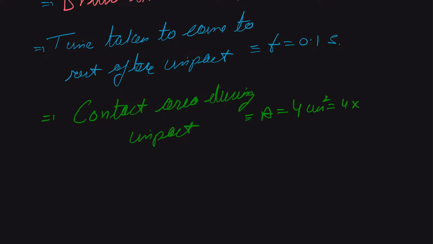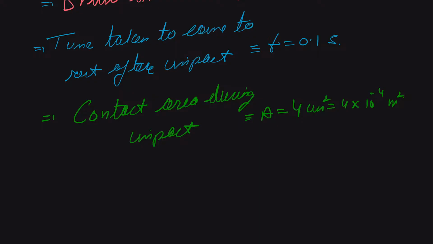Also we can write this as 4 into 10⁻⁴ meter square. And we need to find out the average pressure. For average pressure we require force, and time is also given, so we are also going to make use of the impulse part.